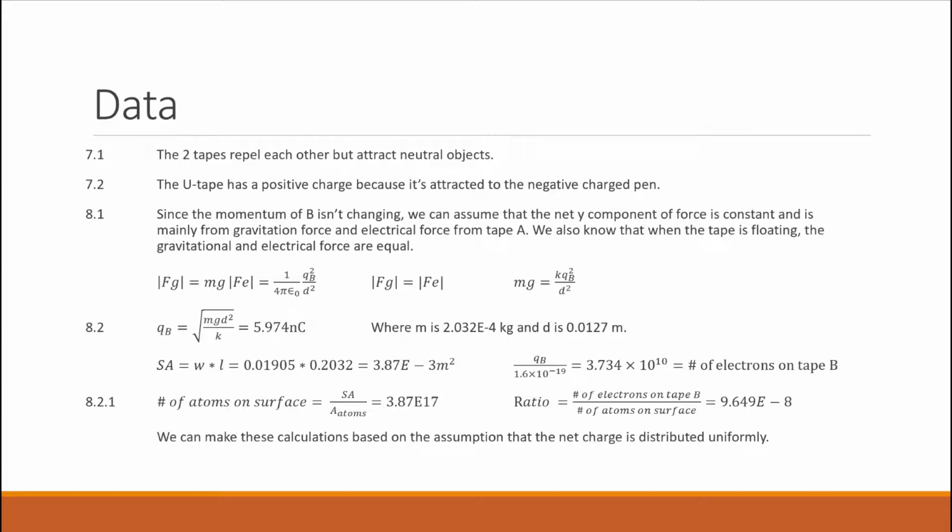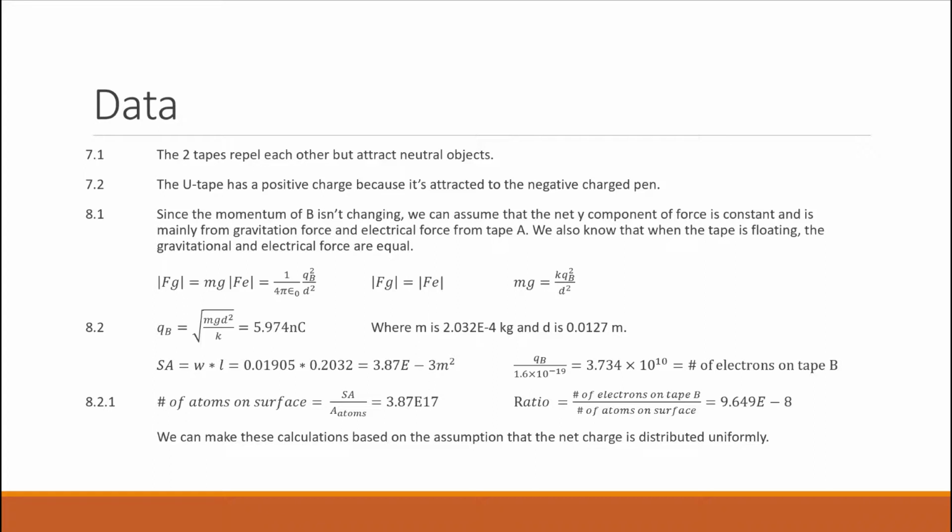Additional questions asked for this lab were: what if the electrons had positive charge and the protons had negative charge? What would change in the observations you made with your tapes and other charged objects? I believe that if the electrons had positive charge and the protons had negative charge, the assumptions and the answers that we have wouldn't change, because we know that both of the tapes were positively charged.